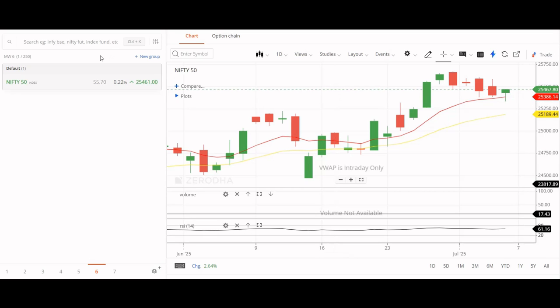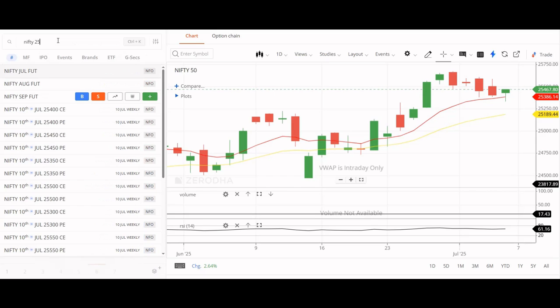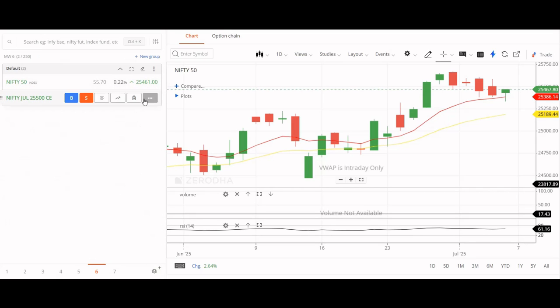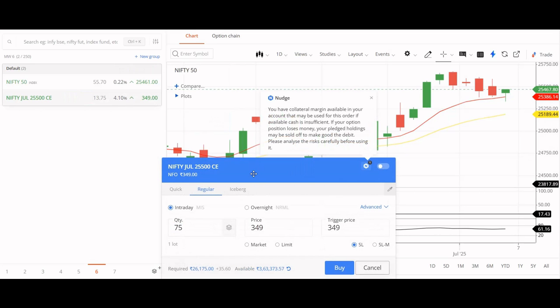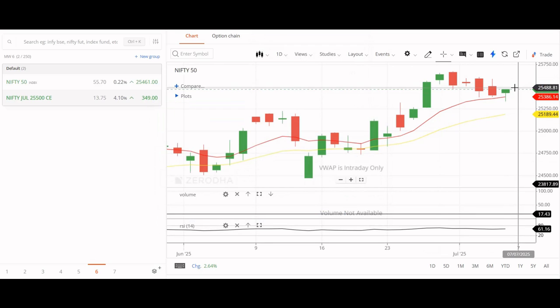Just for an example, I'll open Nifty 25,500 July expiry call options. It is trading around 349 rupees, and if you want to buy it, it is 75 rupees per lot. So if you buy it and hold for 4 to 5 days, and if the market moves up, we will come out with a profit.